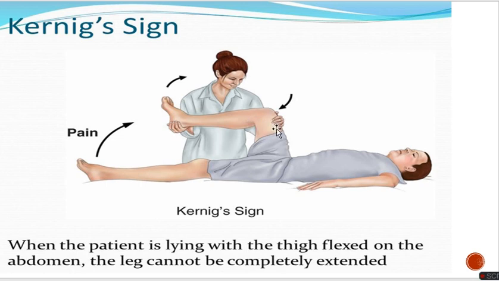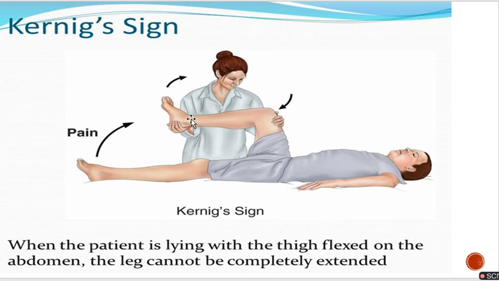For example, if I am a doctor and I am flexing at the hip joint, flexing the thigh region, and then I try to extend at the knee joint area, the patient feels pain.